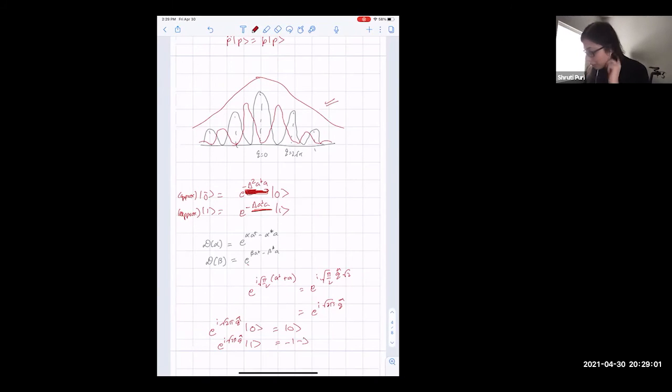So the approximation gets better as e to the minus delta, sorry, e to the 1 minus e to the minus delta square or something like that, where if delta is 0, that means I have the exact code words, then I'll always have the error correction criteria satisfied if the displacements are smaller than square root of pi over 2. If not, then they're approximately satisfied. And if delta is small enough, that approximation is good enough. So you can correct for a lot of the errors, but not all of them.